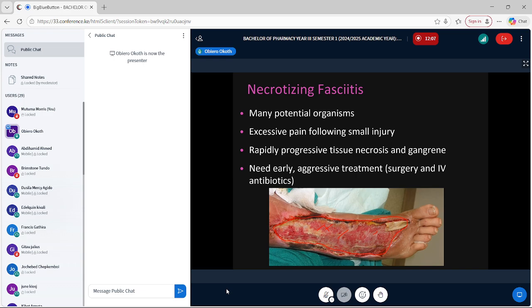You have to do very aggressive treatment, a wide excision. In this one, they actually removed all the dead tissue. It's not just the skin; even the subcutaneous tissue and the fascia are necrotic.